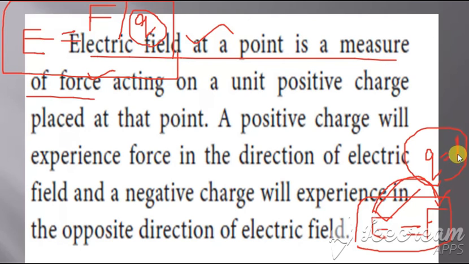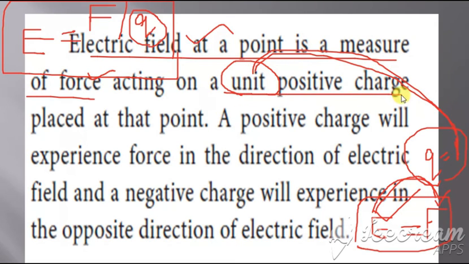Instead of saying 1, here we use the word unit. Hereafter in physics, just know that wherever you are considering this value to be 1, we will be writing it as unit. So unit positive charge is placed at that point.